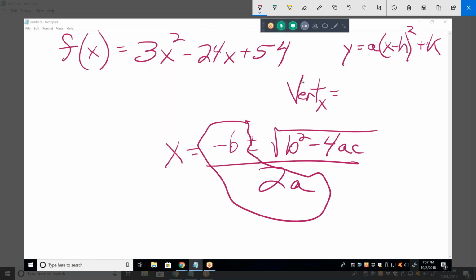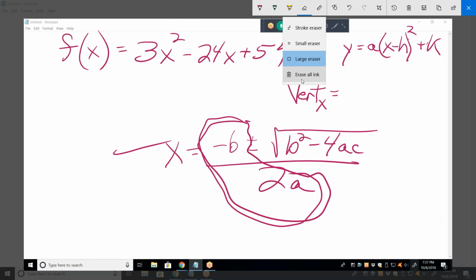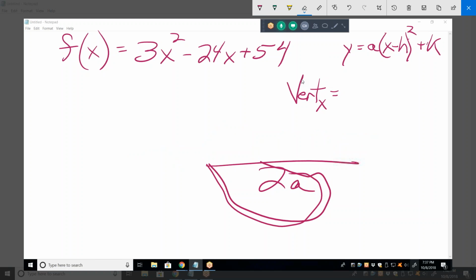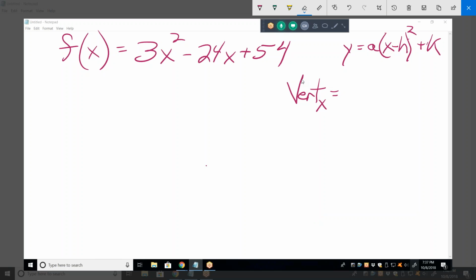So if you know the quadratic formula, just take the first half of it. Not the vertex formula. It's the formula for the x coordinate of the vertex only. So it's minus b over 2a. That's a really critical one for you to memorize. Minus b over 2a.